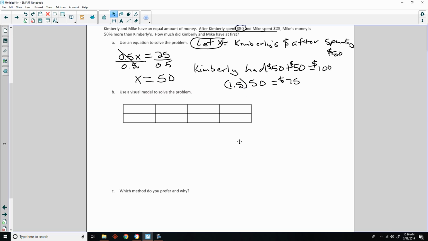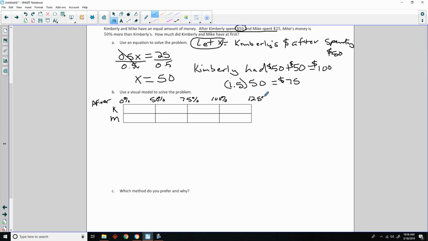So here's our first visual model, and this will be our after. So this is Kim, and this is Mike. So we have 0%, 50%, 75%, 100%, and we went out to 125%.